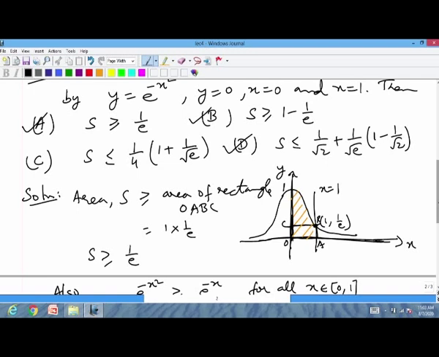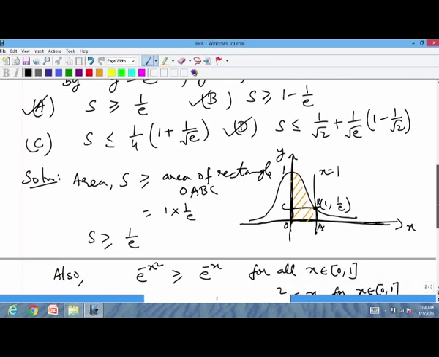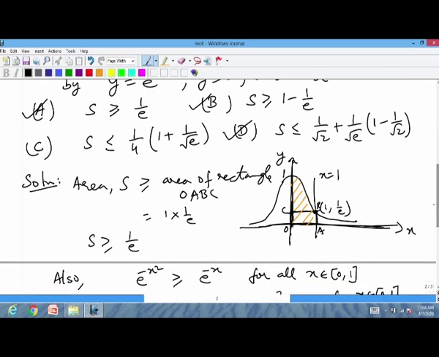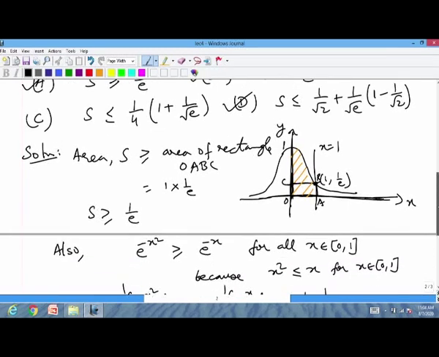Let us try to see if C is correct or not. So, option C is saying that S is less than equal to 1 by 4 times 1 plus 1 by square root of e. We have already seen that S is greater than equal to 1 minus 1 by e. So, let us try to see whether this quantity is less than or bigger than 1 minus 1 by e.